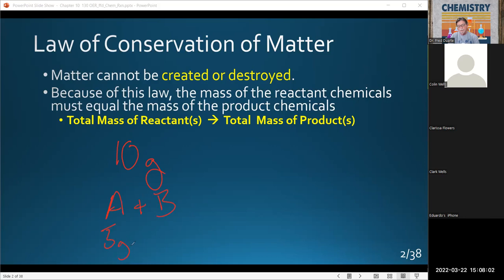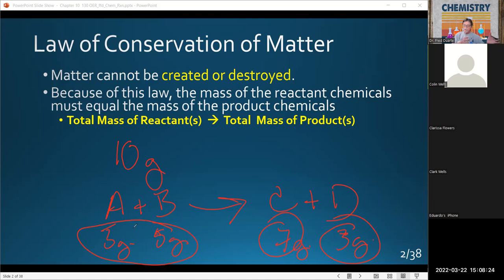So maybe I got 5 grams of A, 5 grams of B. When the reaction is complete, maybe I make C plus D. At the end of the day, I should end up with maybe 7 grams of C and maybe 3 grams of D, okay? So the point being that if I start off with the total mass of reactants, when I'm done with the reaction, I'm going to end up with the same amount of material.